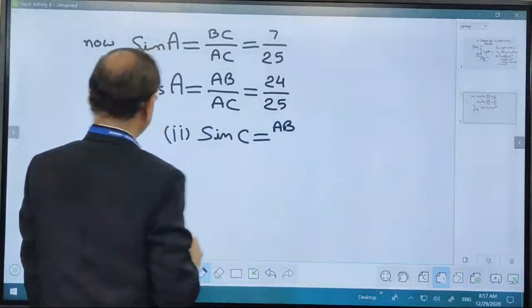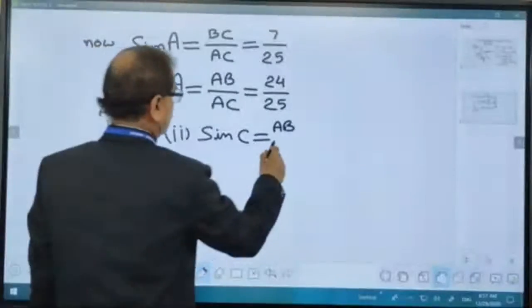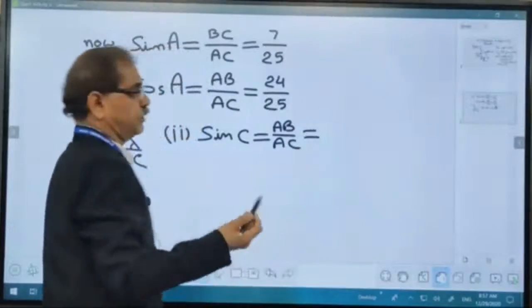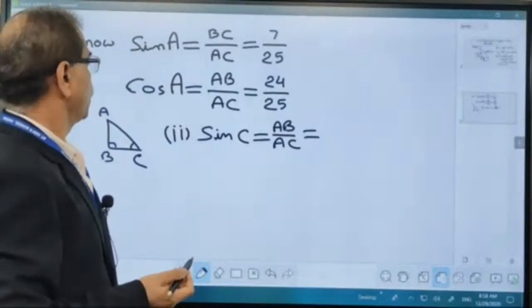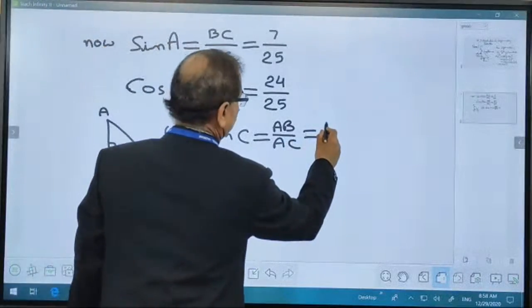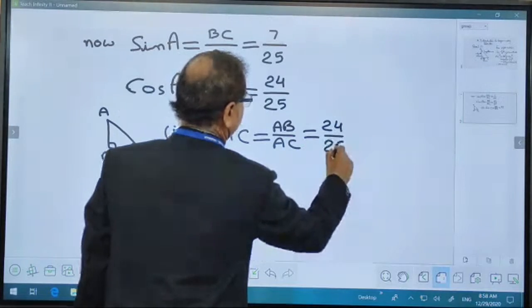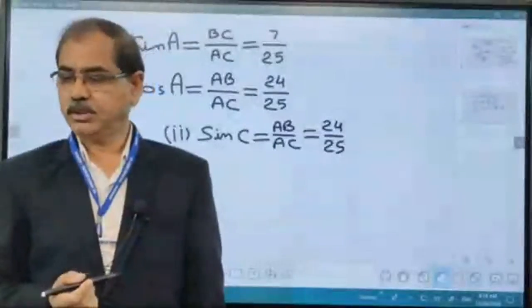AB is opposite side, and hypotenuse is not going to change. Hypotenuse is AC. We already know the measurements of AB and AC. AB is 24 and AC is 25. So that is how in the second part we have calculated sine C.